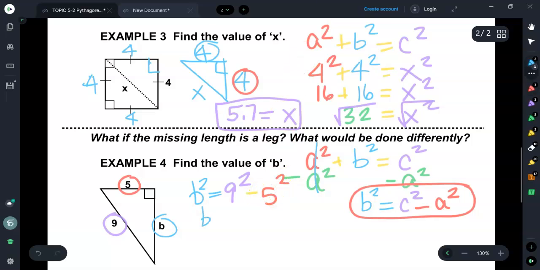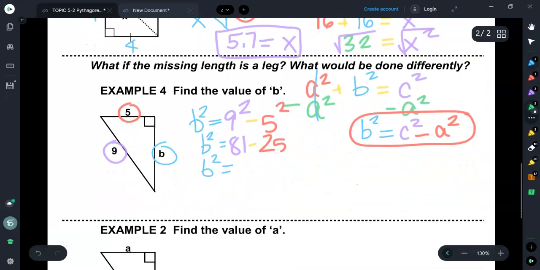So I've got b squared equals 9 squared, which is 81, minus 5 squared, which is 25. So b squared equals 81 minus 25, which is 56.